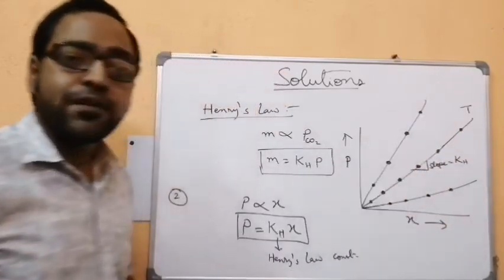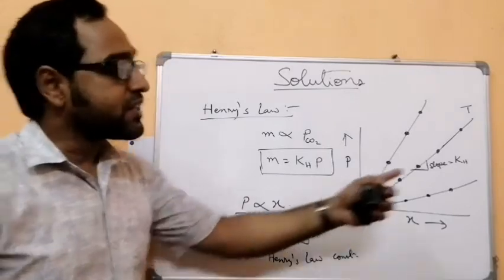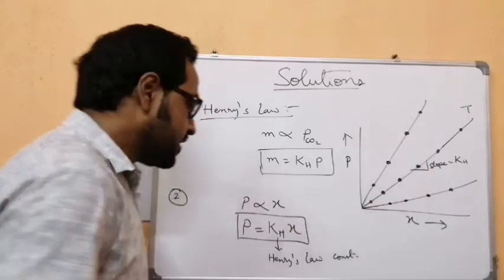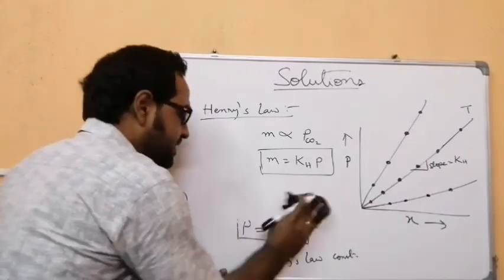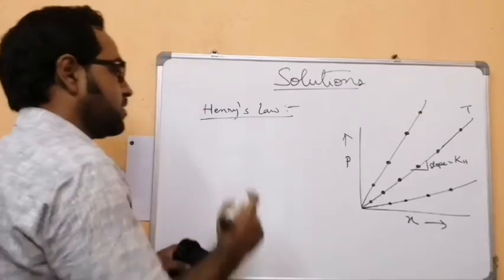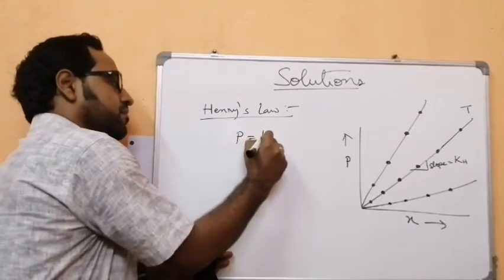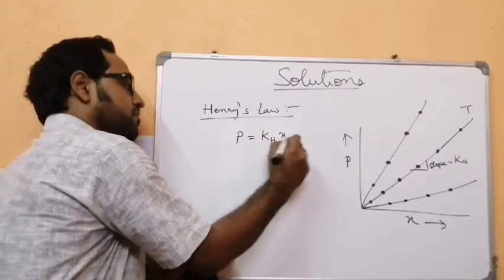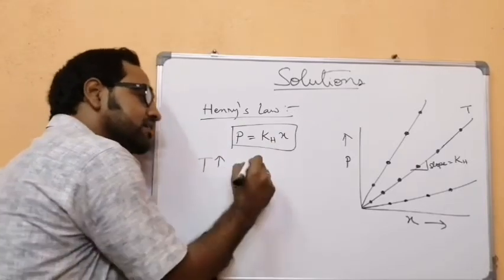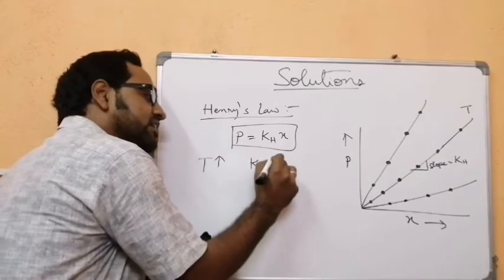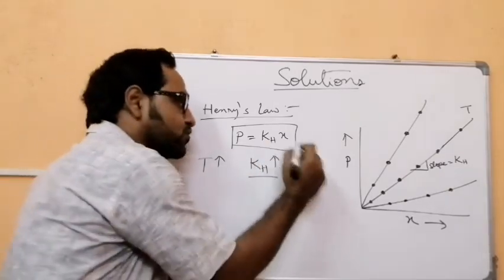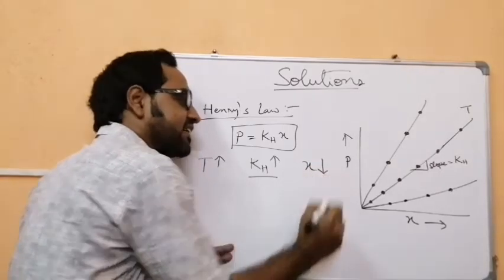So from this experiment we can conclude that with rise in temperature the slope increases. That means if we increase the temperature, the Kh value increases. Now if Kh value increases, then the solubility X decreases.